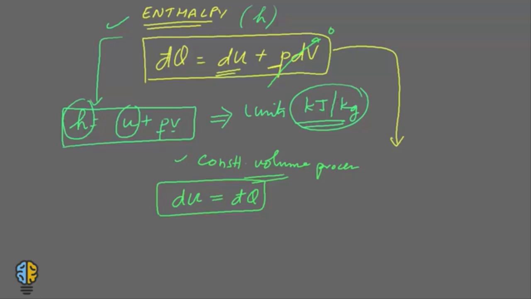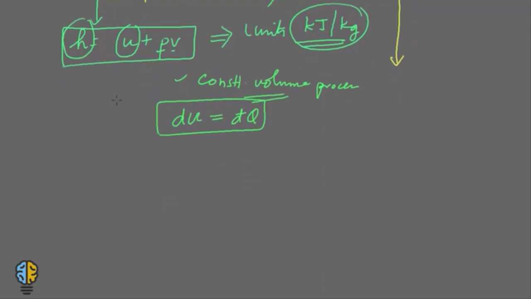So now let's rewrite the expression of the first law of thermodynamics, that is dq is equal to du plus p dv. Alright, now let us say that the process is a constant pressure process.